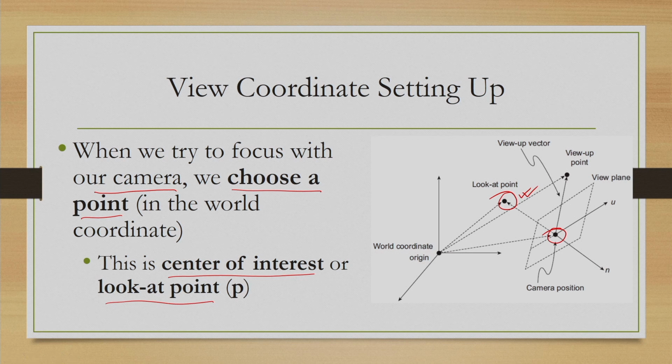As of now, you may note that both are defined in the world coordinate scene. So, with these points we can define vectors. So, this will be the origin vector and this will be the look at point vector p.